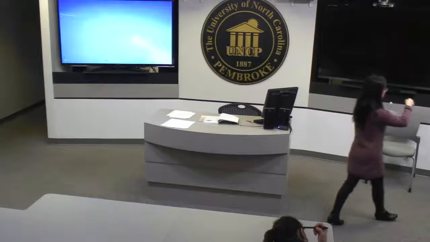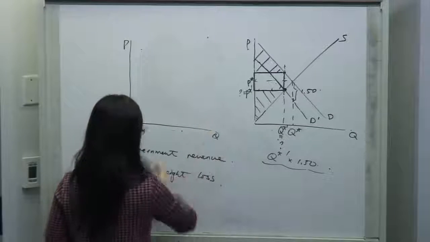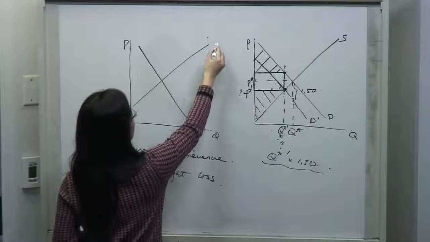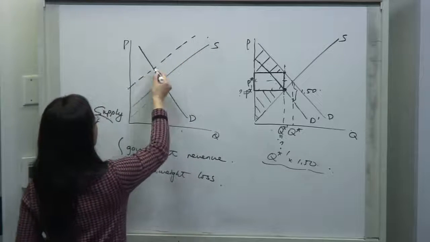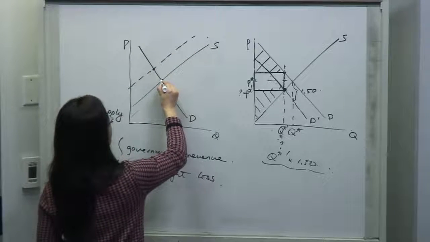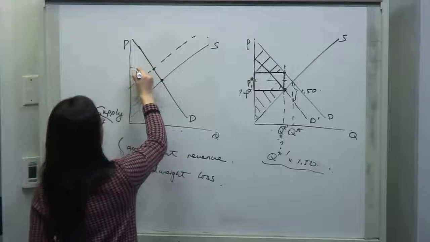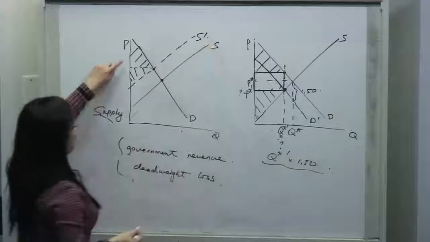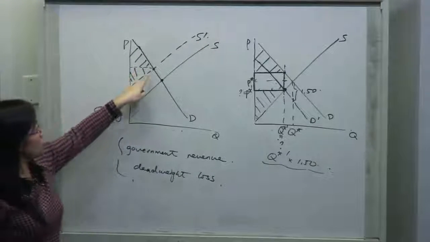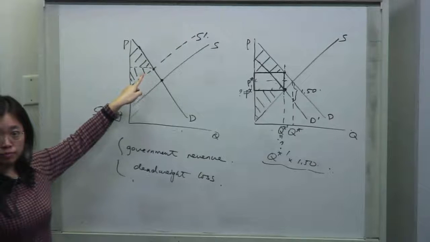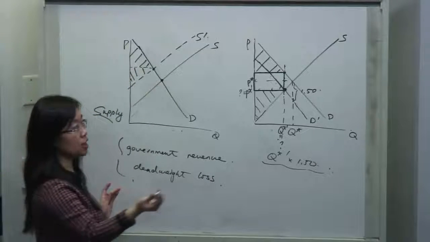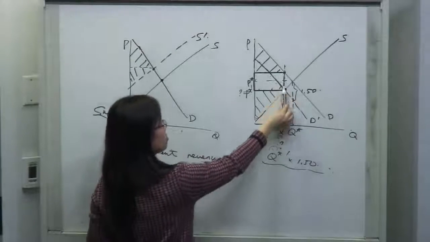Okay, so let's do it here. Look at here. This is your new consumer surplus, new producer surplus, right? So we're doing the same thing. We're going to draw a straight line.